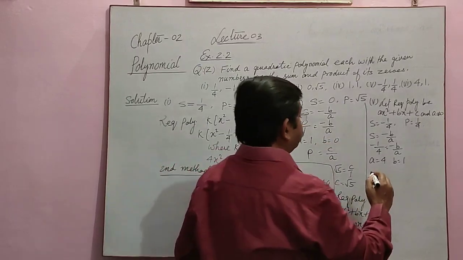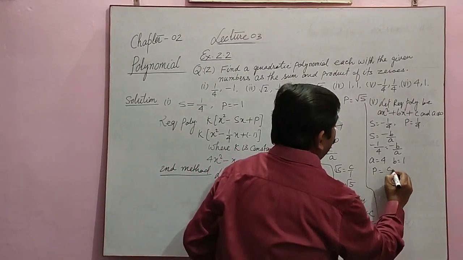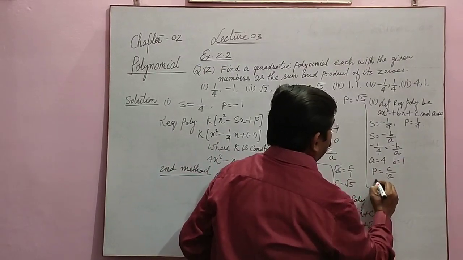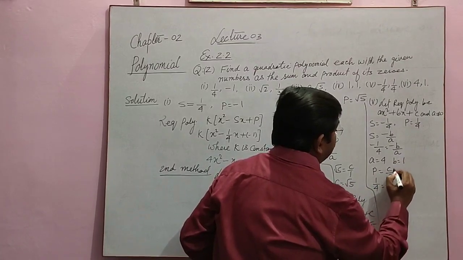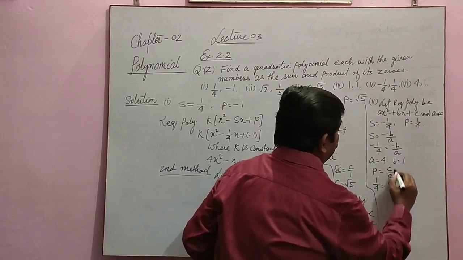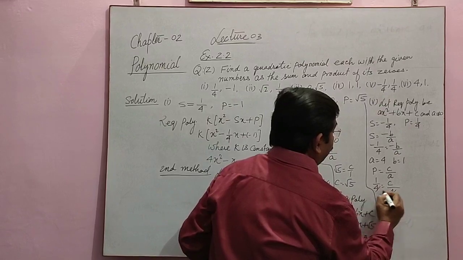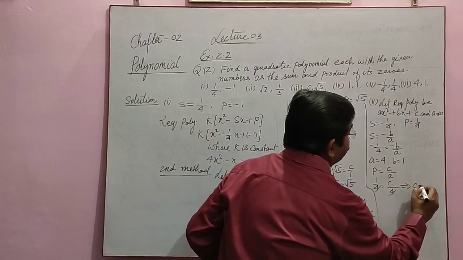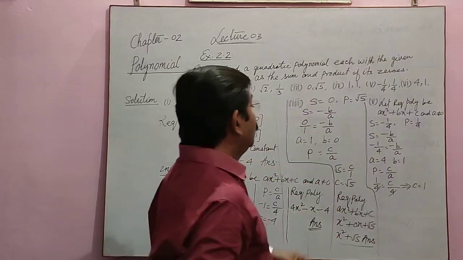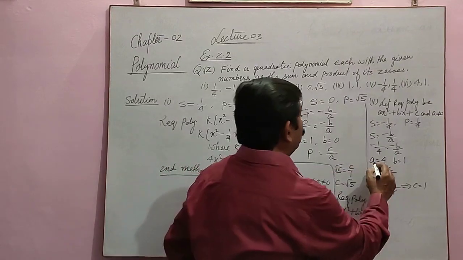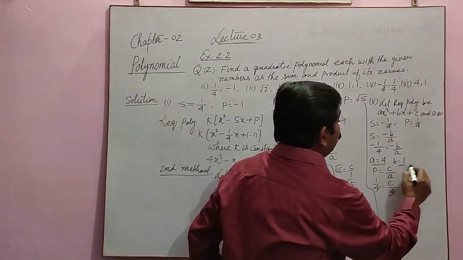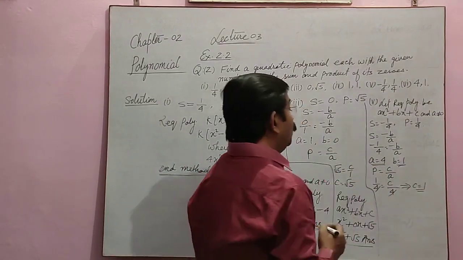Using product, p is equal to c upon a. So 1 upon 4 is equal to c upon a, where a is equal to 4. This 4 and 4 will go. What is the value of c? C is equal to 1. So we have got a is equal to 4, b is equal to 1 and c is equal to 1.